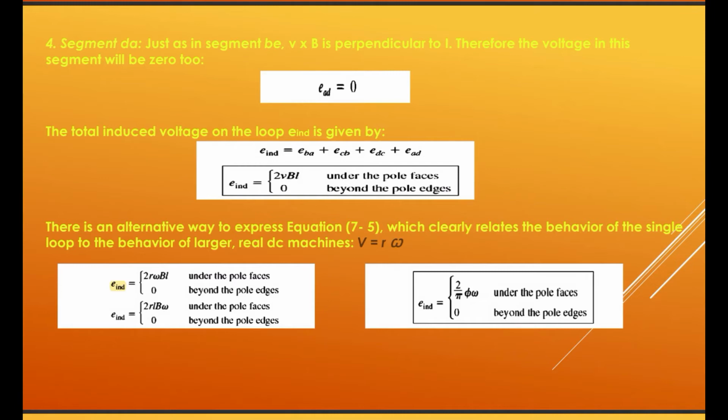If we add all the voltages at each segment, we get the equation: E induced equals 2VBL under the pole faces, because beyond the pole edge we don't have voltage. It will be 0.